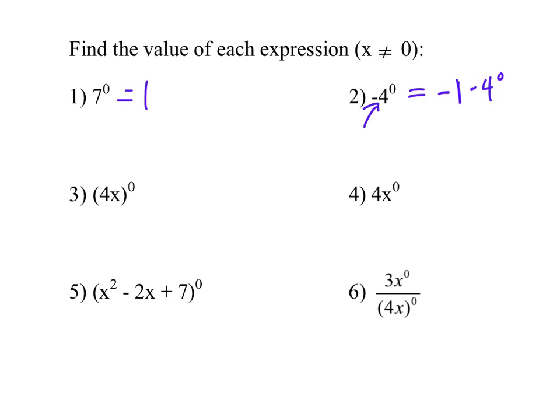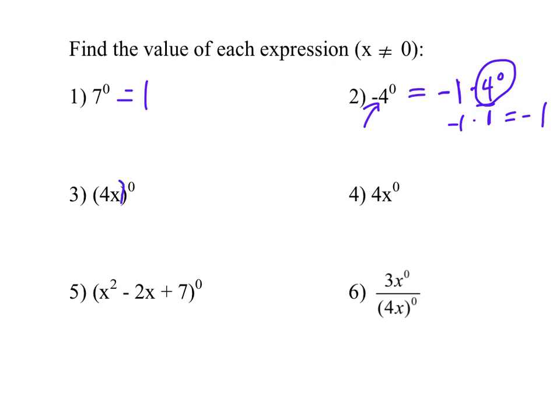It's a shorthand way of writing it, so we don't have to write -1 times all the time. So if you see a negative and it's not in parentheses, then that negative is not being raised to the 0 power. So here the base is only 4. So 4 to the 0 power is 1, and this whole answer is actually -1.